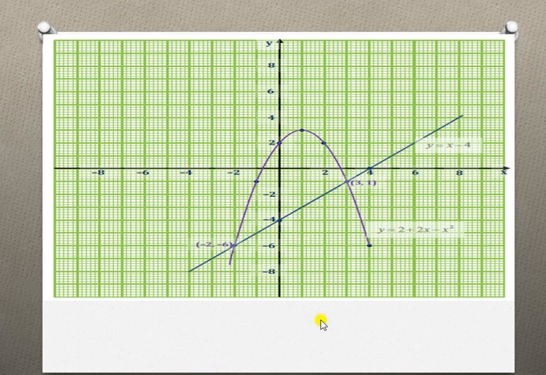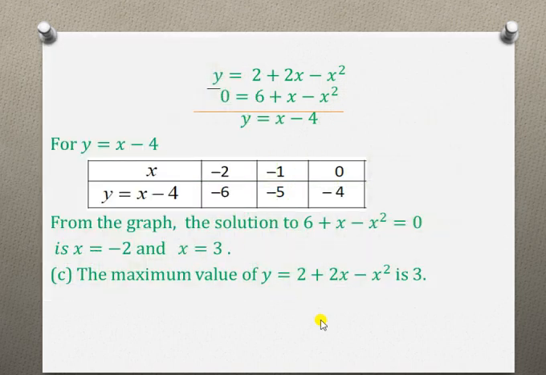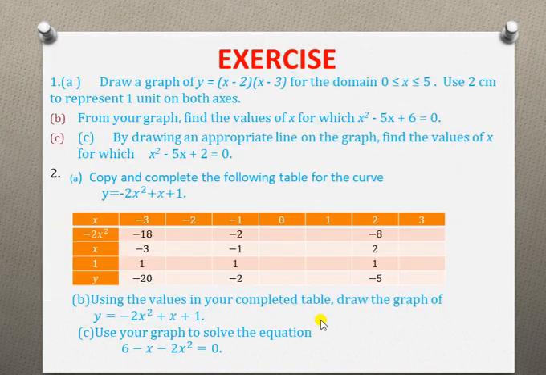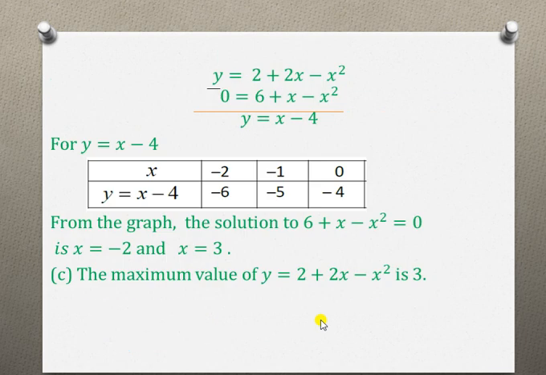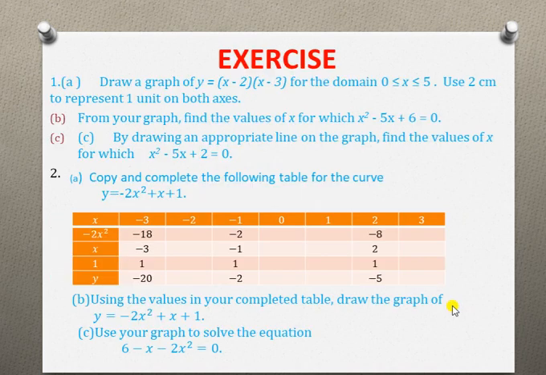And that value becomes the maximum value. And that is why I concluded, as we have seen in this case, that the maximum value of y is actually 3. In case it was a U-shaped curve, they can easily ask you for the minimum value. Use the same idea.